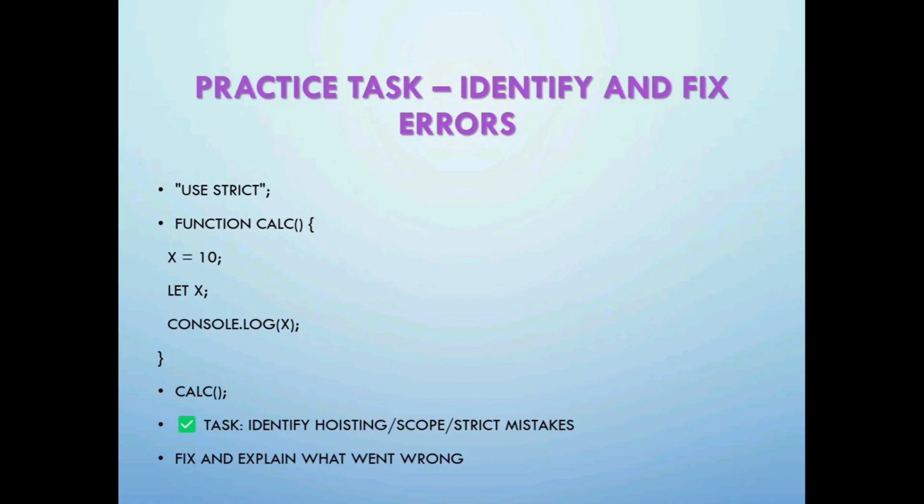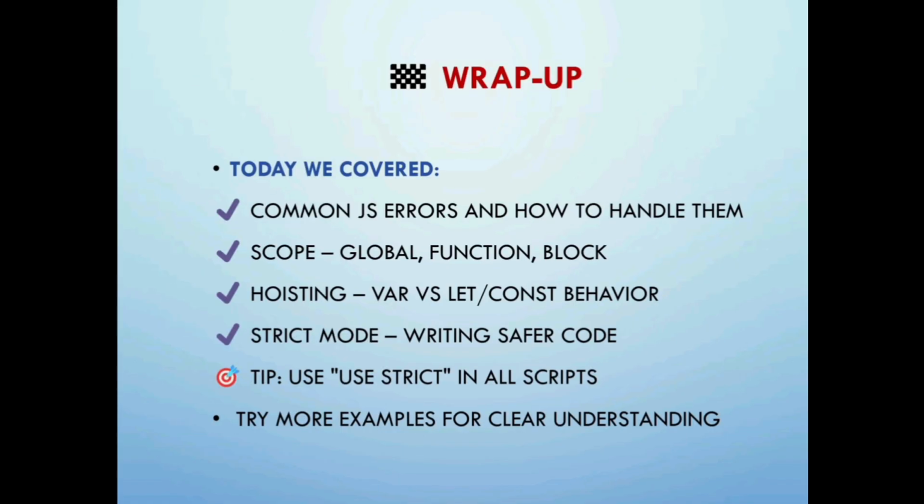Next, let's wrap up our session. Let's see what we covered today. Topics: common JS errors, meaning JavaScript errors, and how to handle them. And also scope, where there are 3 scopes in JavaScript: first global, next function, and block scope. And also we will see hoisting using var versus let, and also const behavior.